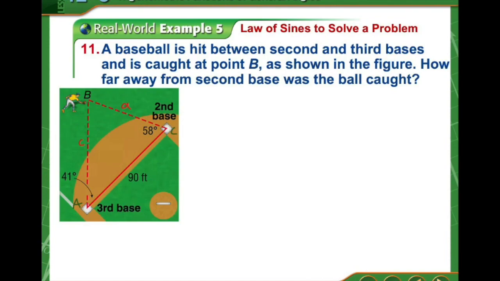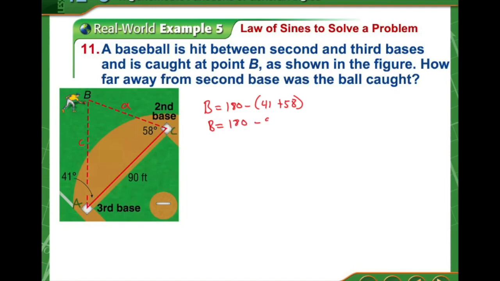We're given side B. So all we really need to do is use the law of sines one time because, well, we know 2 out of 3 of our angles, right? So we can find angle B easy. It's just 180 minus 41 plus 58.